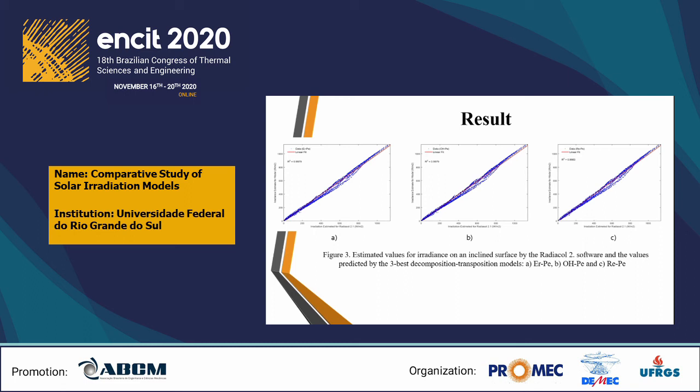The results indicate a good performance when compared to the software results. An R-squared of 0.9979 was obtained for the Hertz Perez and Orgill Perez models, and 0.9983 for the Orgill Perez model.